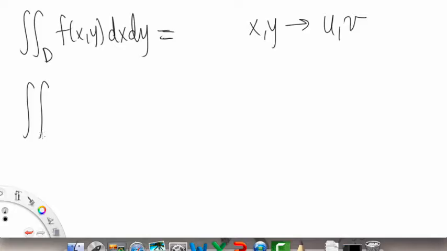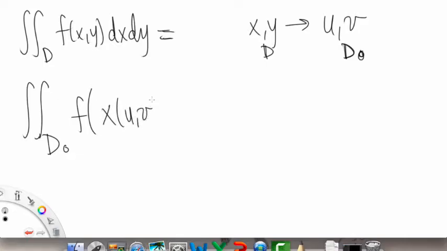We started off in domain D, but now u and v correspond to D naught. So we'll be integrating over D naught, because now we're switching into u and v. For x and y, we plug in our x, which now depends on u and v, and our y, which depends on u and v.